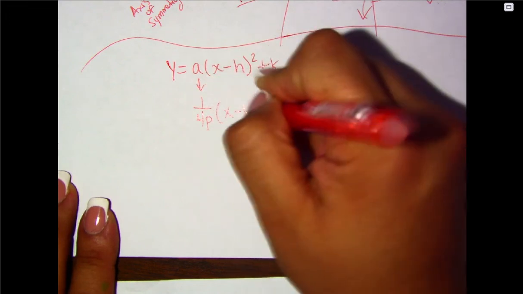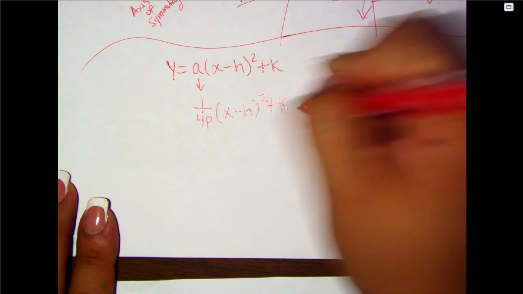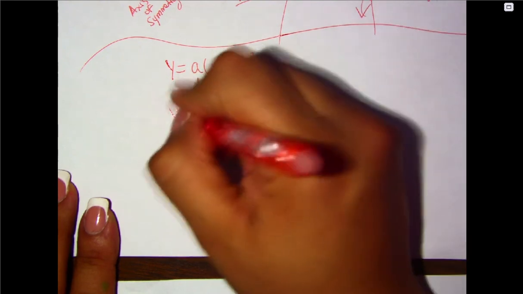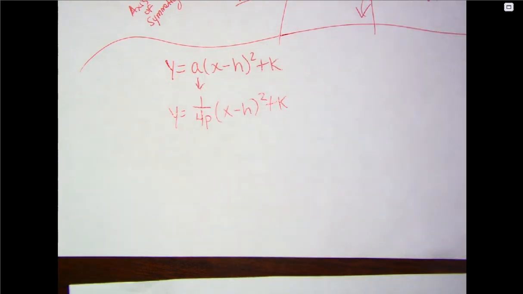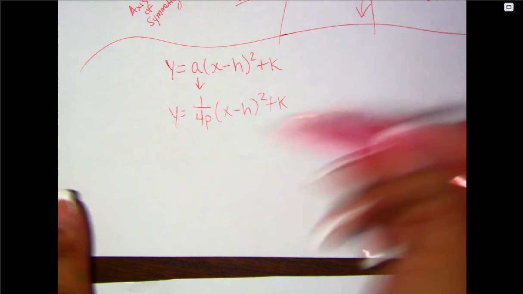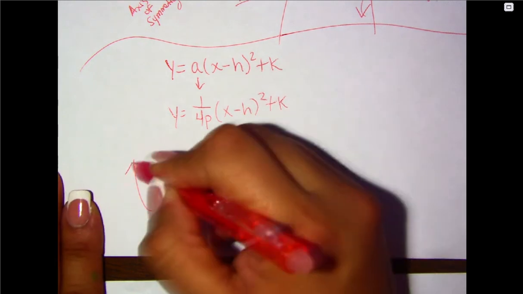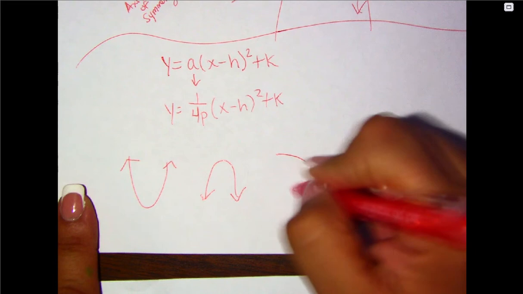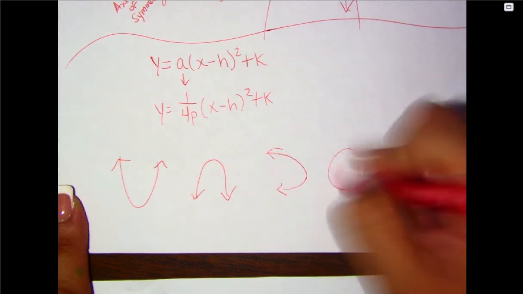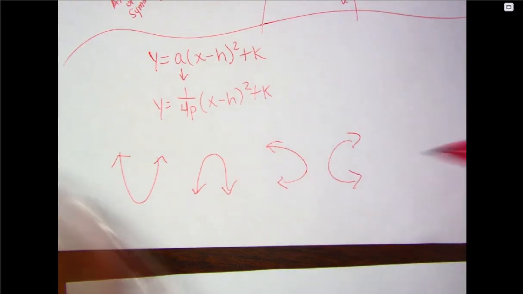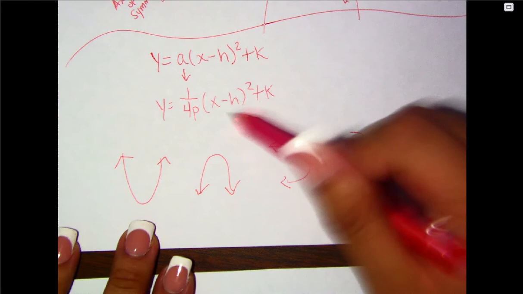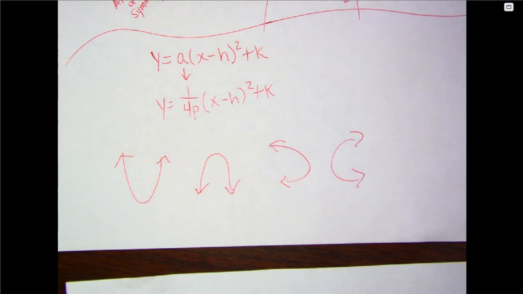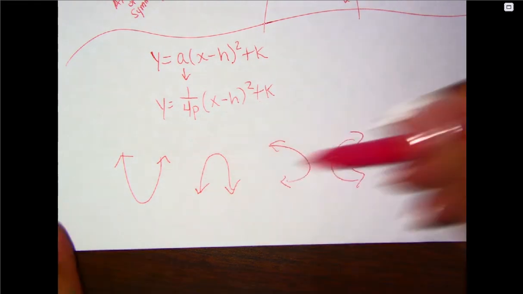Anytime we are writing equations with focus and directrix, we need to remember that a value. I also mentioned that parabolas can open up, open down, but now we can also have parabolas opening sideways.